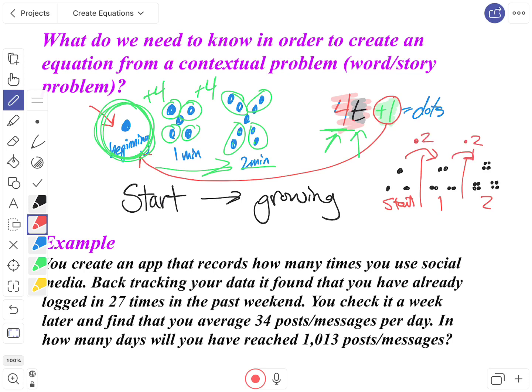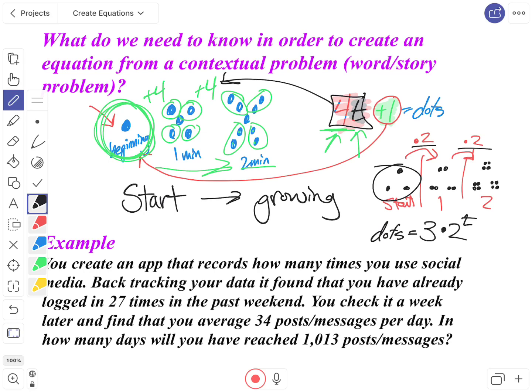And we ended up coming up with another equation for this one, which was the total number of dots was equal to, again, that start number, and then what are we doing to it? We're multiplying it by 2 every time. And because we were doing repeated addition, we actually had our variable up at the top. Just like this is repeated addition, this one was repeated multiplication.